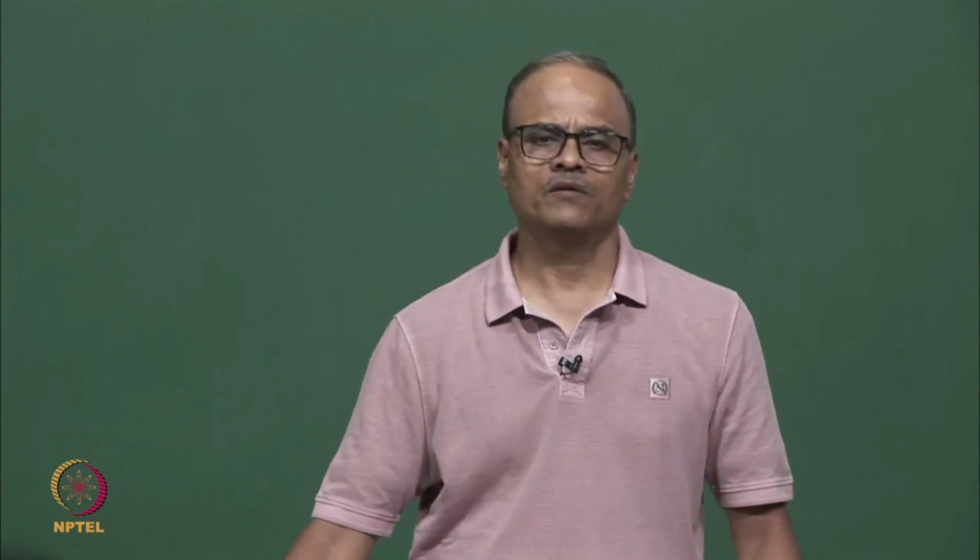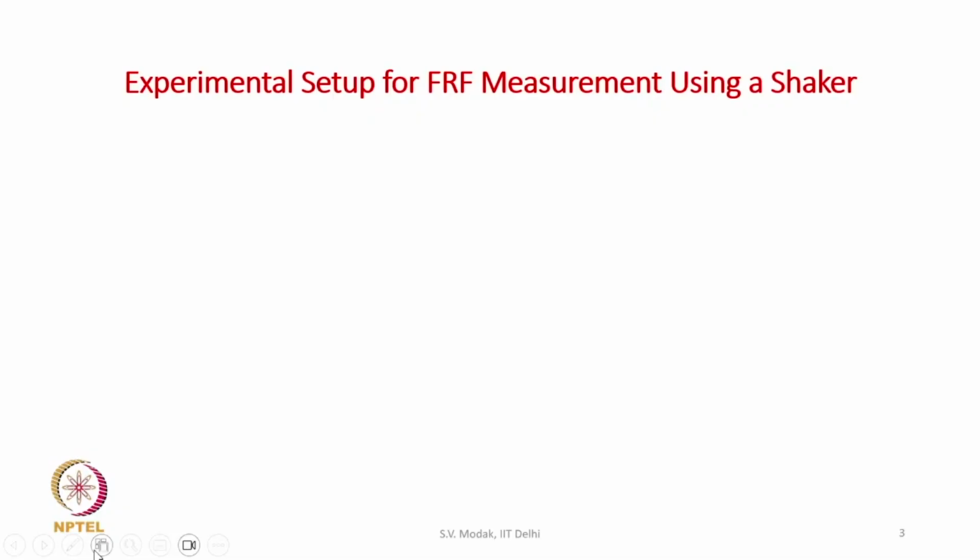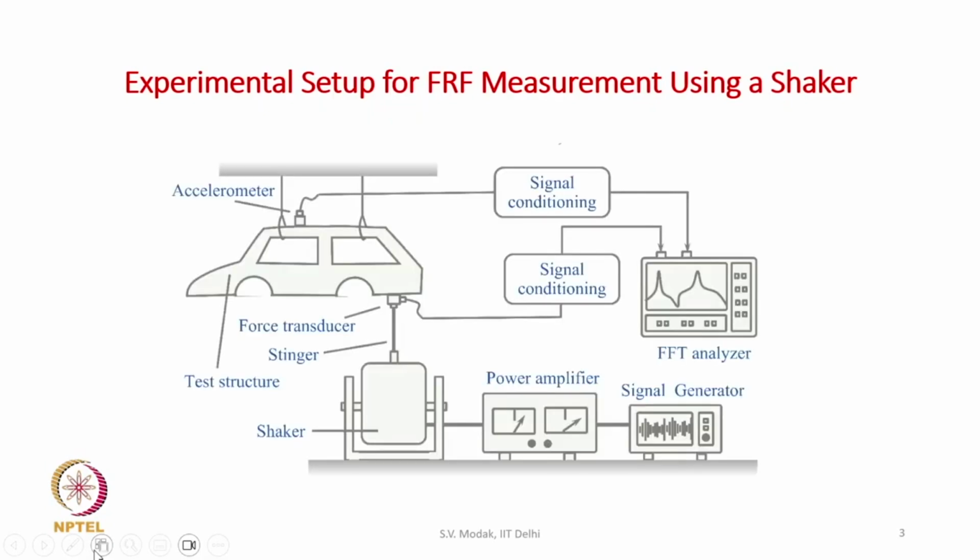Let us now look briefly at the experimental setup for FRF measurement using a shaker. This is a typical setup that can be used for measurement of FRF using a vibration shaker. Here we are testing a structure under free condition, like this car body structure. We see that it has been suspended by soft elastic bands so that free boundary conditions could be simulated.